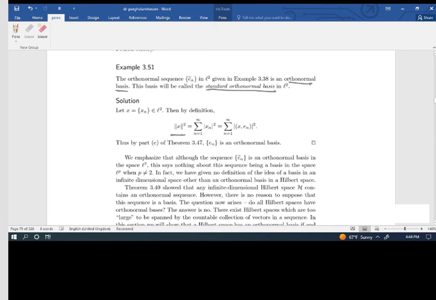So for any x as a sequence xn in l2, we have these equations. The norm of x power 2 equals the series of the absolute value of xn power 2, n from 1 to infinity, and this is equal to the sum of the absolute value of the inner product of x and en power 2, n from 1 to infinity.